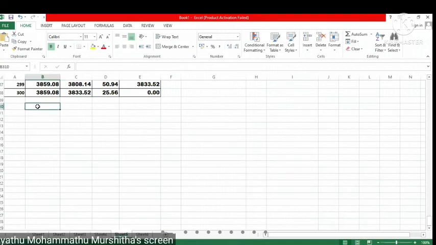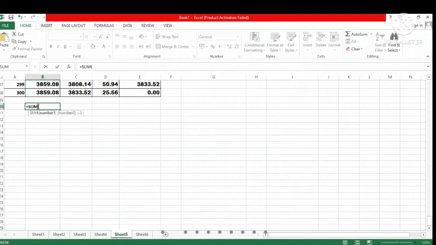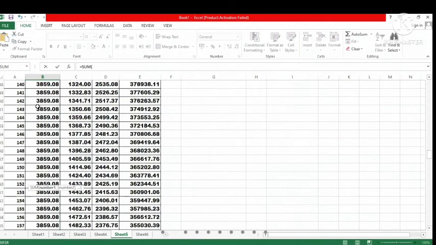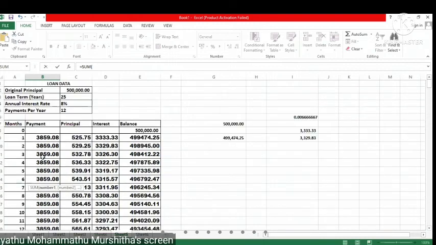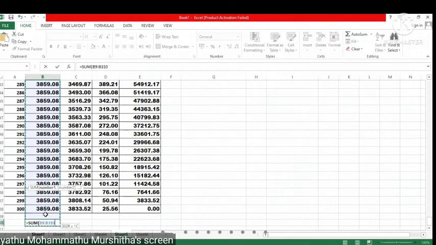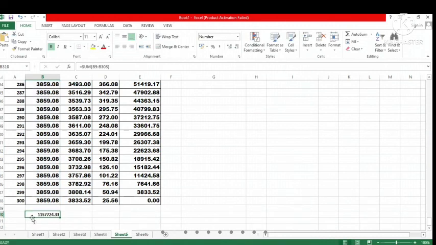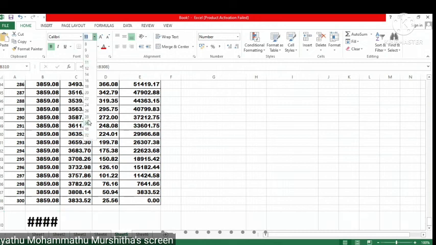Now the person has paid an equal sum, now look here, 11 lakhs 57,724.33 rupees the person paid.